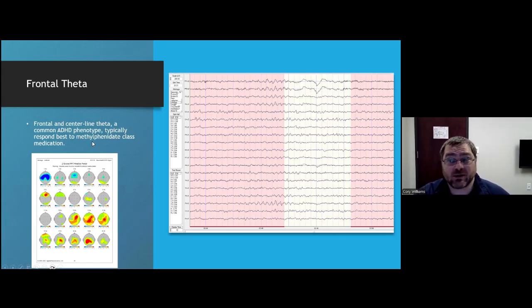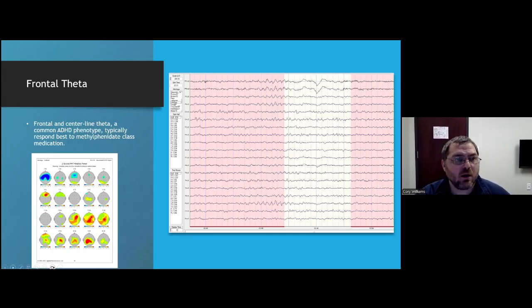So this is your Ritalin, is the most common one, methylphenidate. I think you can just buy it in patches now. It doesn't necessarily mean that if you give this brain Ritalin that the theta drops away or disappears. It just means that their symptom profile will probably improve.